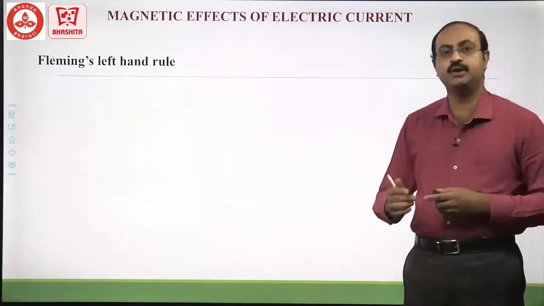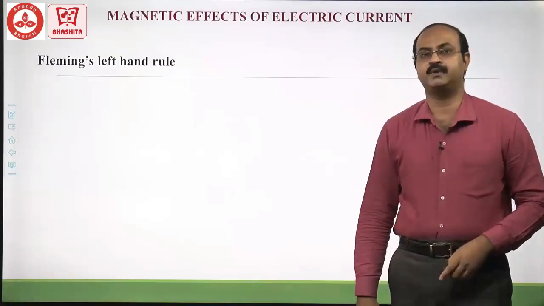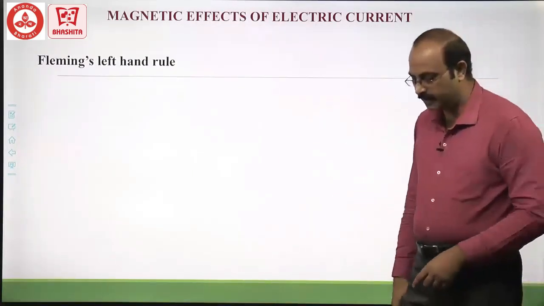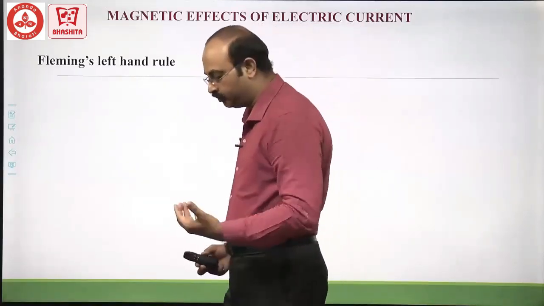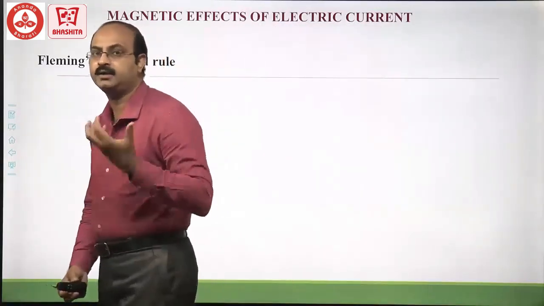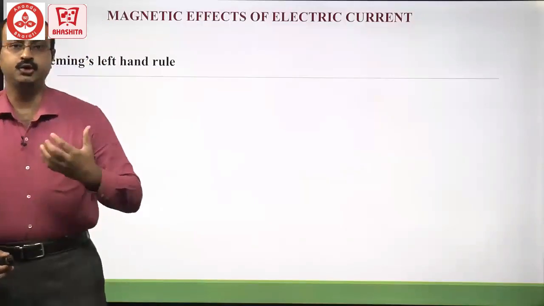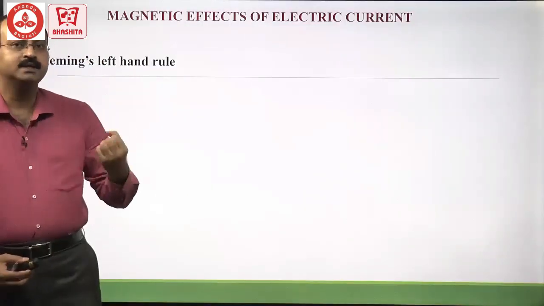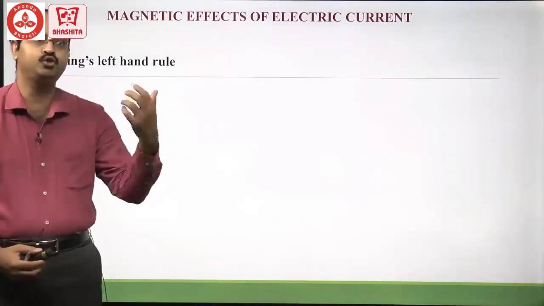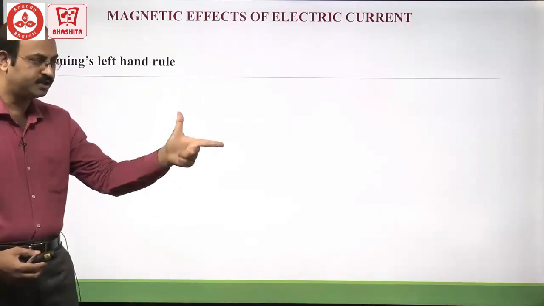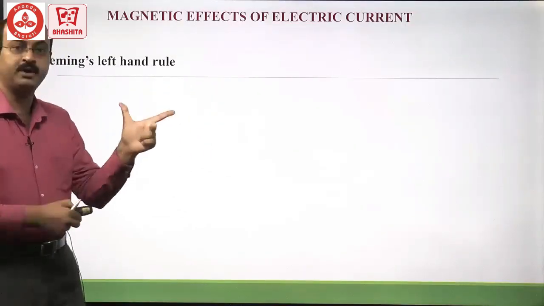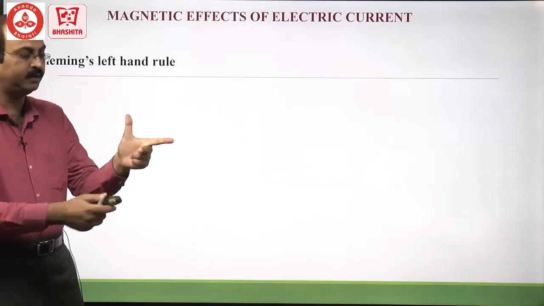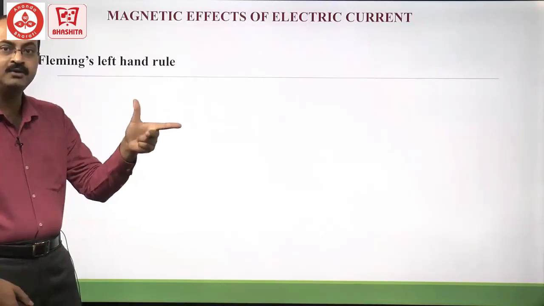Then how should we know the direction of the force experienced? For that we will be using Fleming's left hand rule. Like in the case of the right hand thumb rule, even here you must use your hand. This is the left hand rule, so you should use your left hand to stretch the fingers in 3 mutually perpendicular directions: the central finger, the forefinger and the thumb.